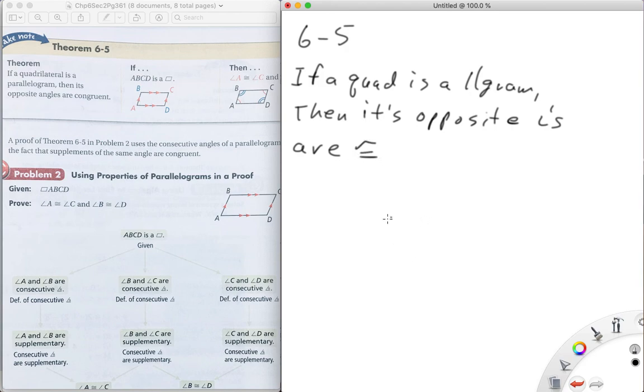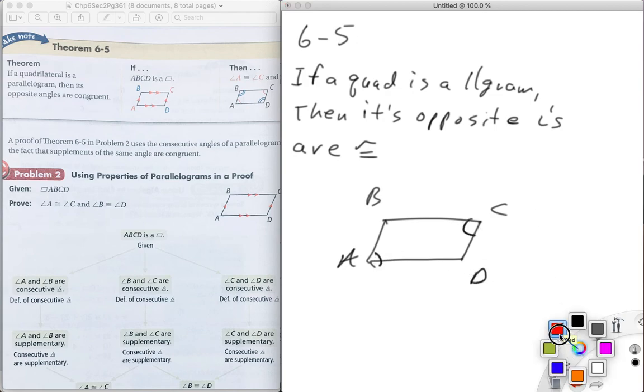So, in a parallelogram A, B, C, and D, this guy and this guy are congruent, and this guy and this guy are congruent. Opposite angles are congruent in a parallelogram.